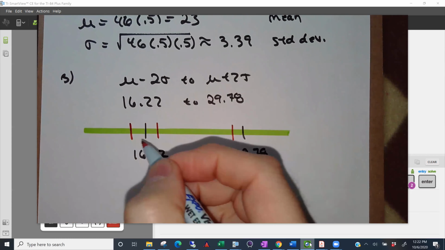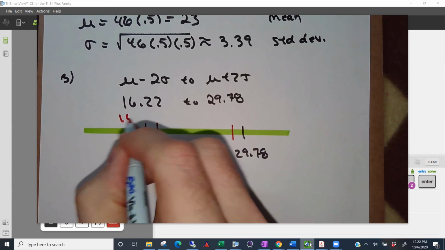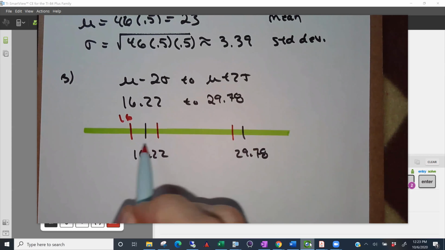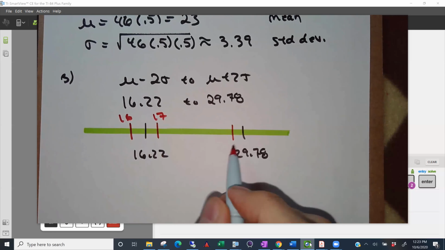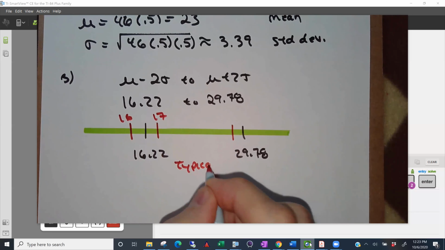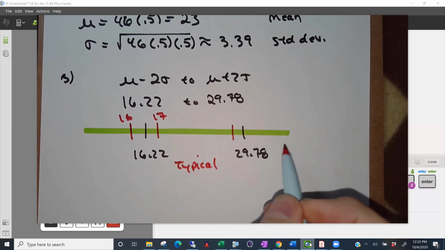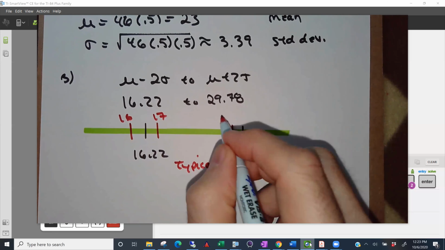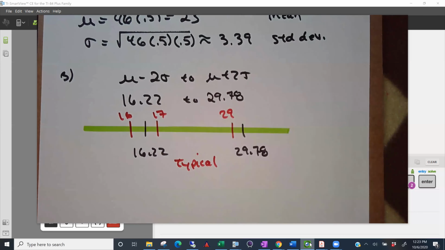16 would actually be here. What number is going to be here that I can get? Joe? 17. There you go, 17. Now, is 29 going to be your typical, or is it going to be atypical? Where does 29 go? Typical. Good, 29 is going to be here. So 29 is going to be typical.